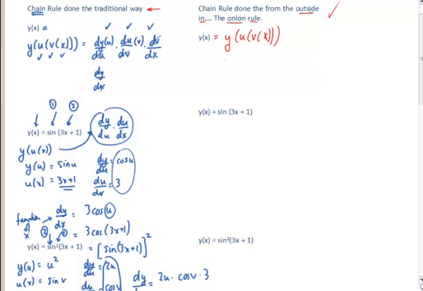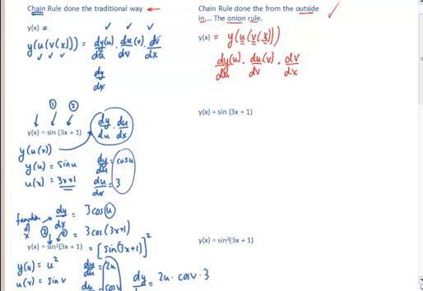So when you want to take the derivative of y first, you would do the derivative of y with respect to u, evaluated at u, multiplied by the derivative of its inner function, du with respect to v, because v is its inner, evaluated at its inner function, multiplied by dv with respect to its inner, which would be x.